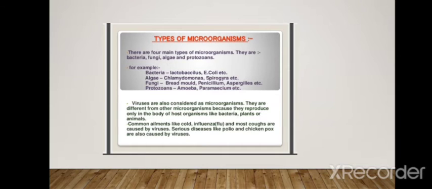Types of microorganisms. There are mainly 4 types of microorganisms. They are bacteria, fungi, algae, and protozoans. Now, let's see some examples of microorganisms. Bacteria. The examples are Lactobacillus, E. coli.